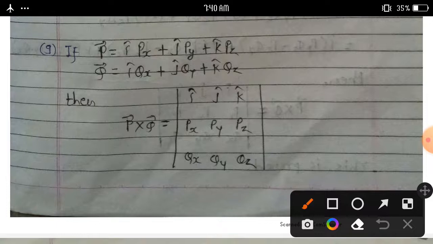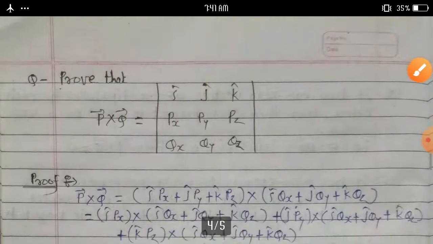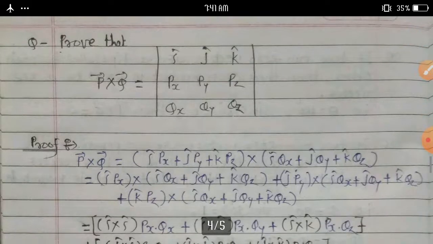This is another characteristic of the vector product of two vectors. Then we see the proof of this characteristic. A question is often asked on this characteristic: prove that p bar cross q bar is equal to the determinant of i cap, j cap, k cap, px, py, pz, qx, qy, qz.